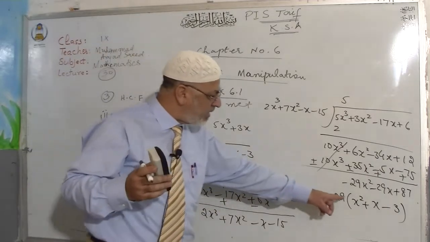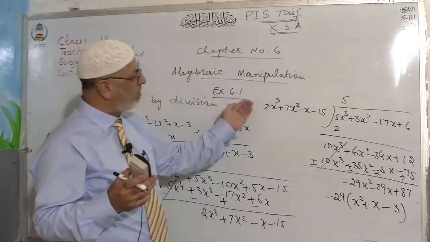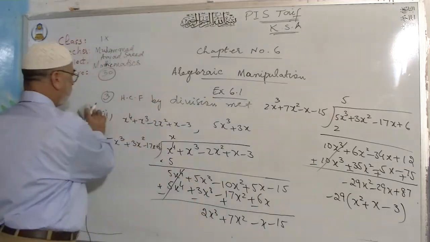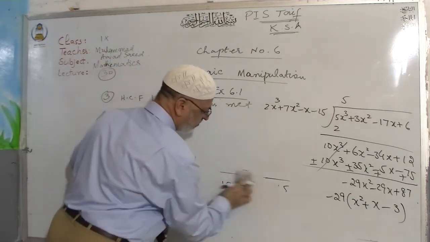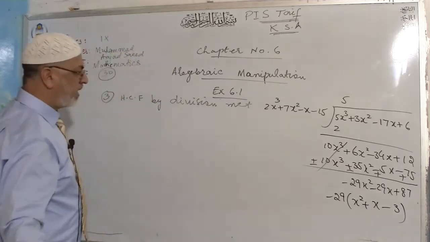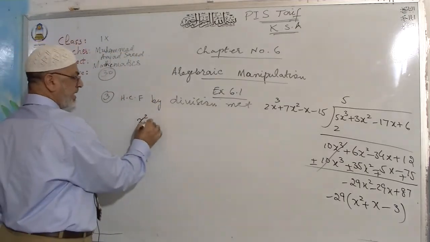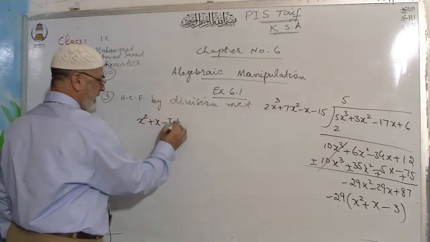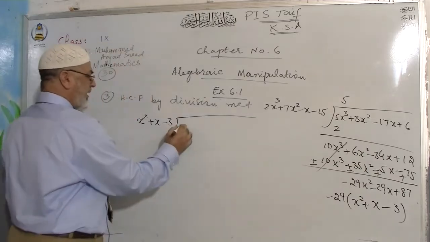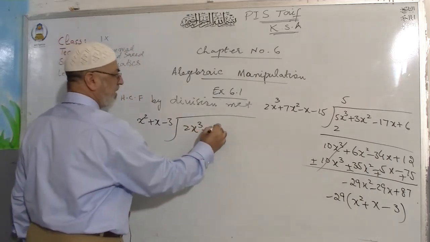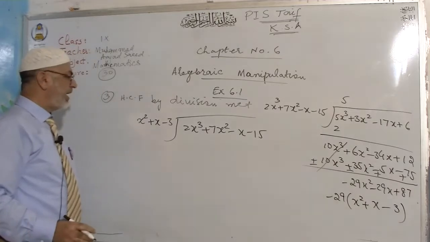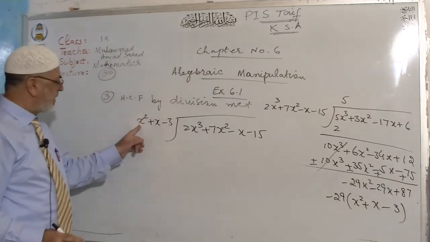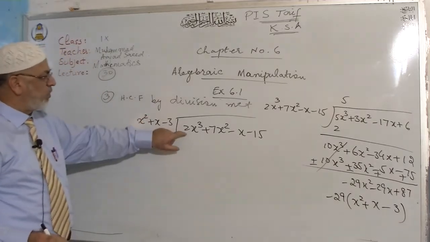So we write down the smaller outside and the bigger term inside. Here you can check x^2 plus x minus 3, and inside 2x^3 plus 7x^2 minus x minus 15. With the help of x^2 you want to make 2x^3.